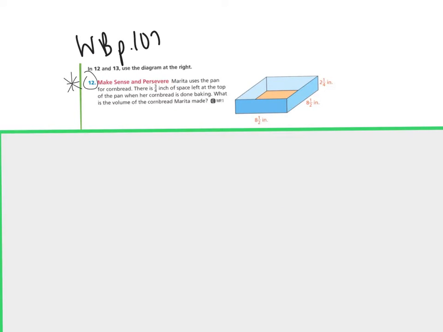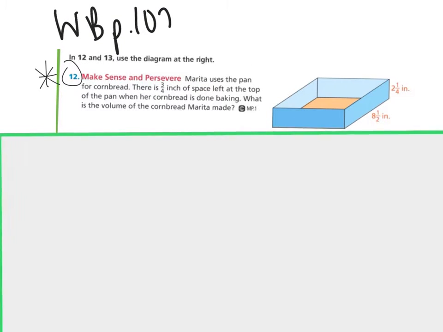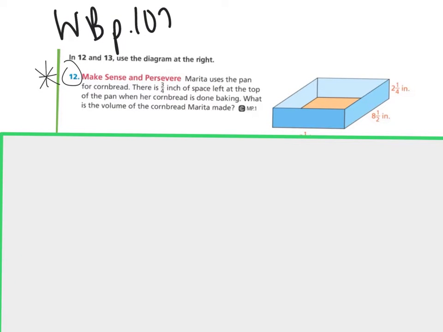On workbook page 107, number 12, Marita uses the pan for cornbread. There's 3/4 of an inch of space left at the top of the pan when her cornbread is done baking. What is the volume of the cornbread Marita made?